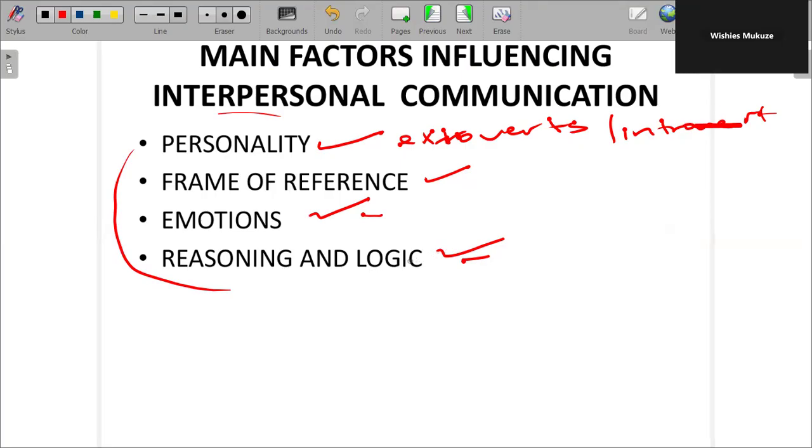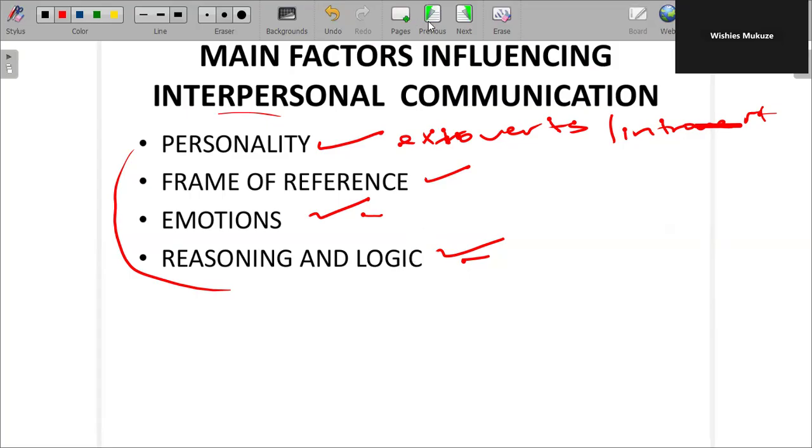You should make sure that you control emotions. Personality: we have different personality types, such as extroverts. Sometimes an extrovert can dominate a group, which also causes a problem within a group, right?